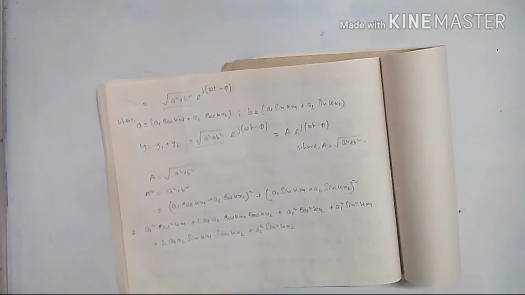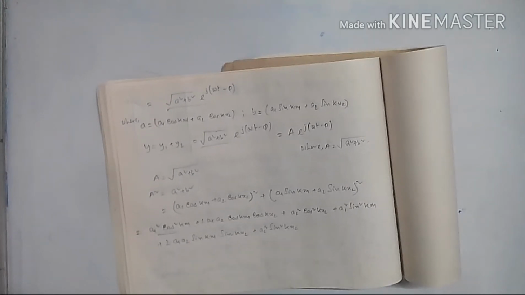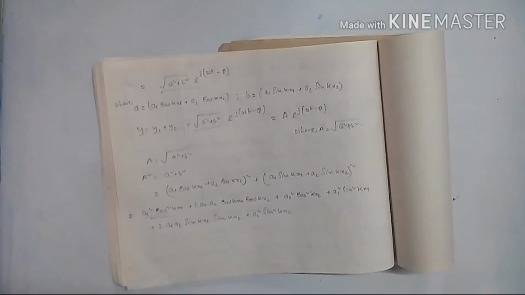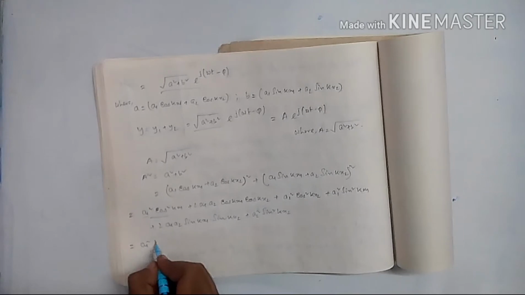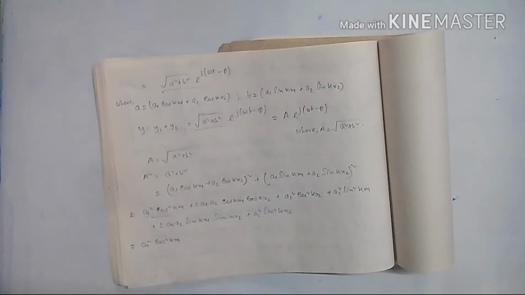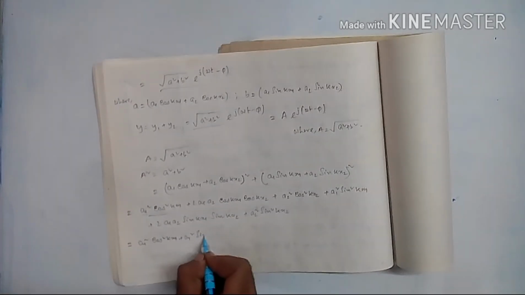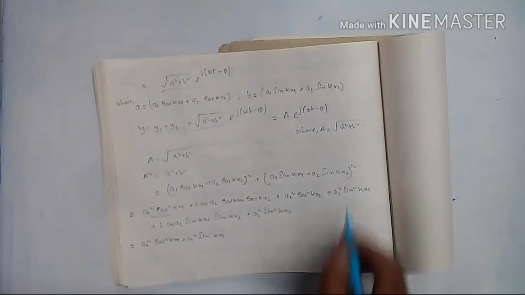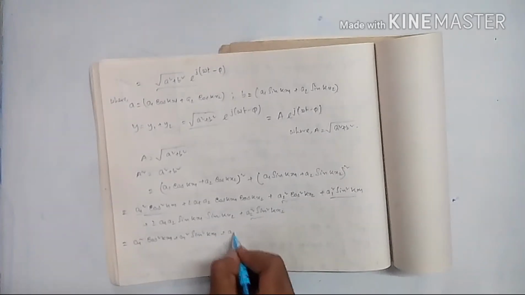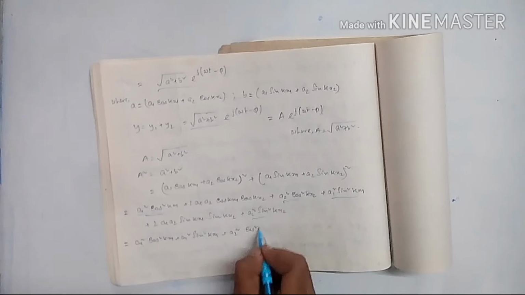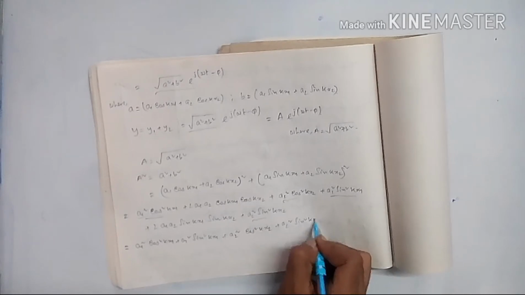Okay, now we separate the A1 part and the A2 part. So A1 square cos square kx1 plus A1 square sin square kx1 is the A1 part, and the A2 part is A2 square cos square kx2 plus A2 square sin square kx2.